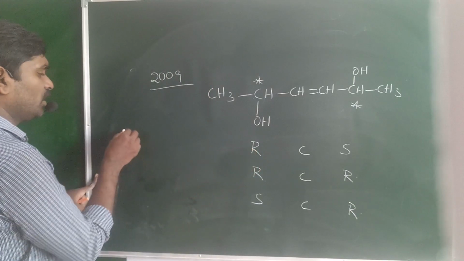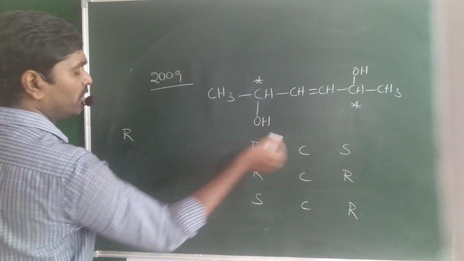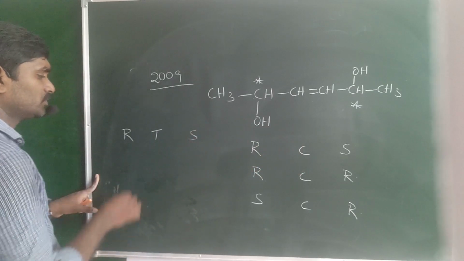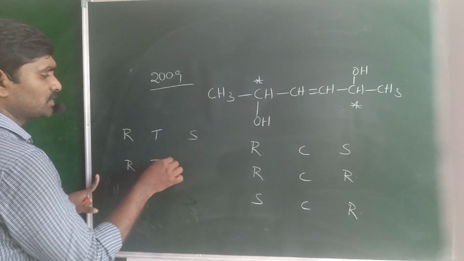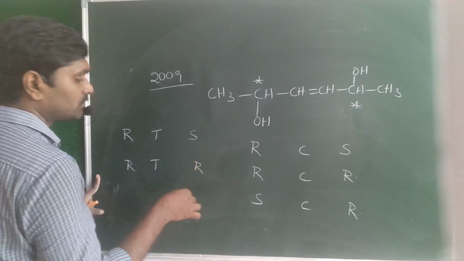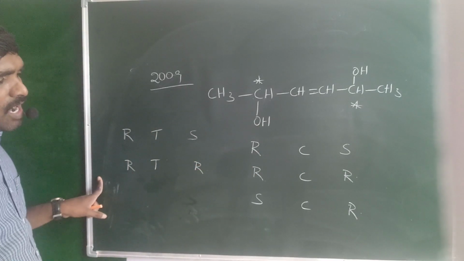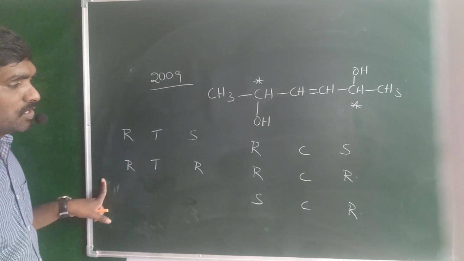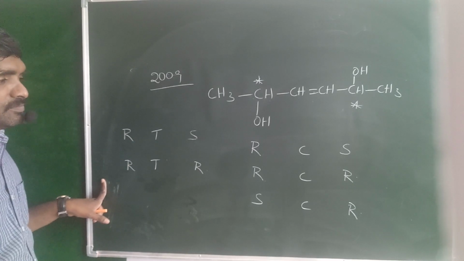So this may be in the R configuration. The middle one is a trans configuration. So cis, R, trans, R. Okay guys, 1, 2, 3, 4, 5.